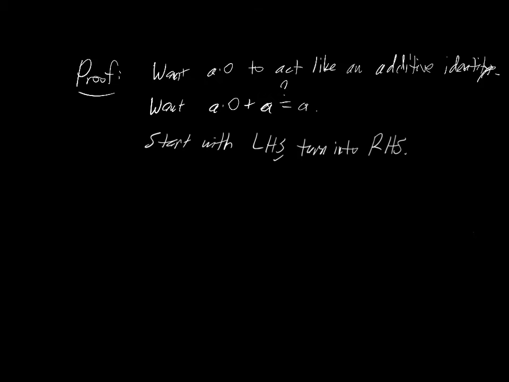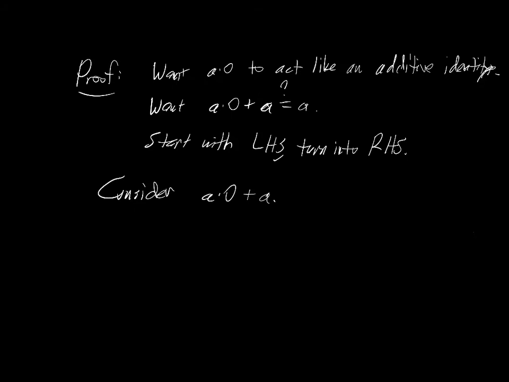So let's consider a times 0 plus a. Well, it's very tempting to factor an a out of that, but we can't quite do that till we have the second a, this a being a times something. And that's clearly a times 1, right?